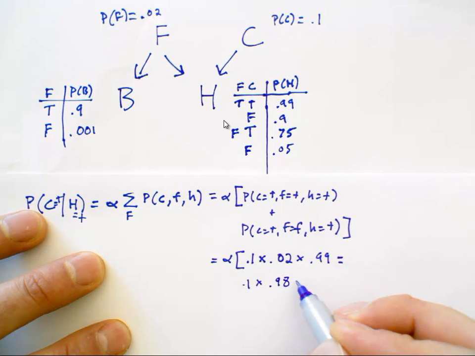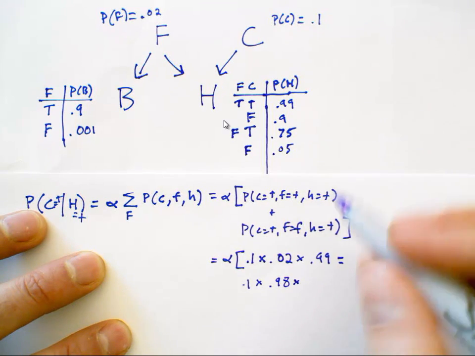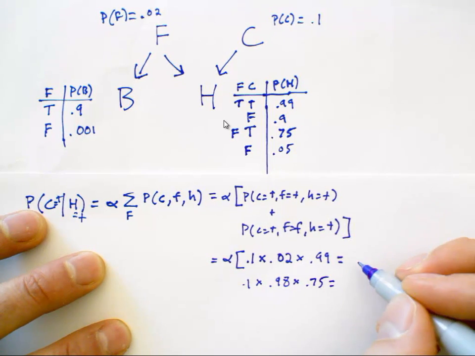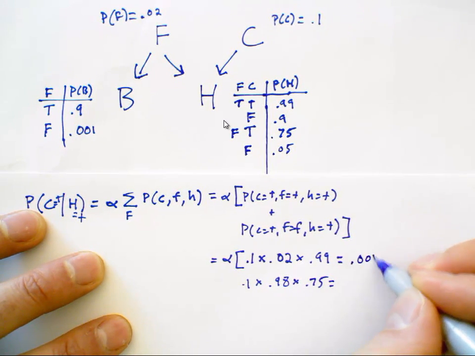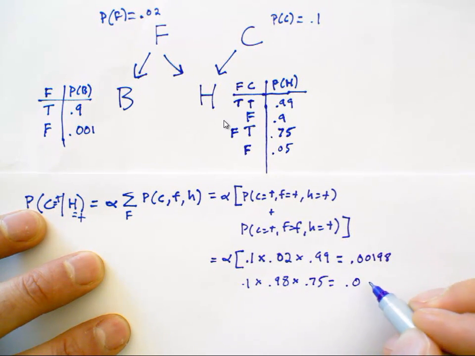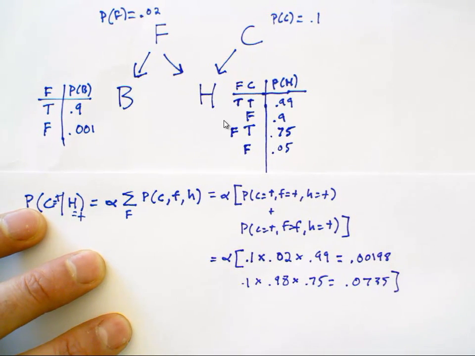Yes, sir. And then you go to the table for the next one, F is false, C is true, so it's 0.75. Okay. Do we have any numbers for these, Matt? Yeah, the first one is 0.00198. Okay. Second one is 0.0735. And what happens if I try to take their sum?